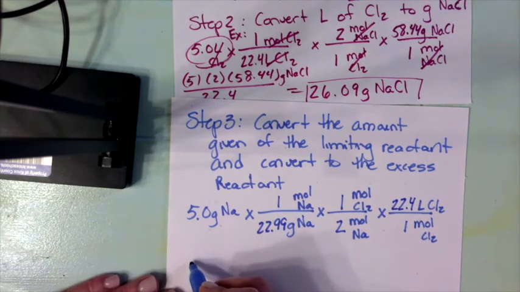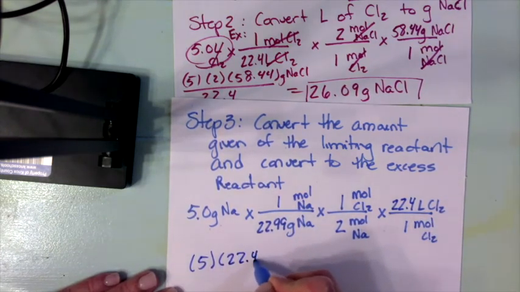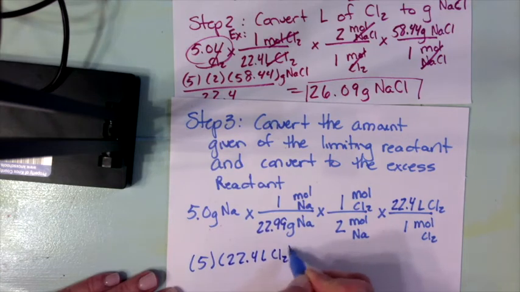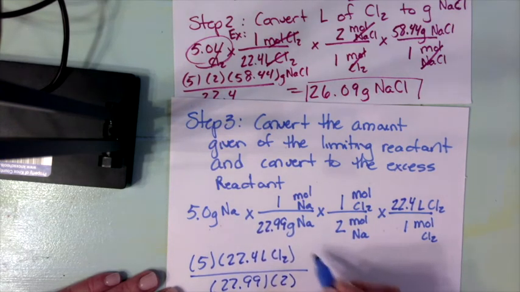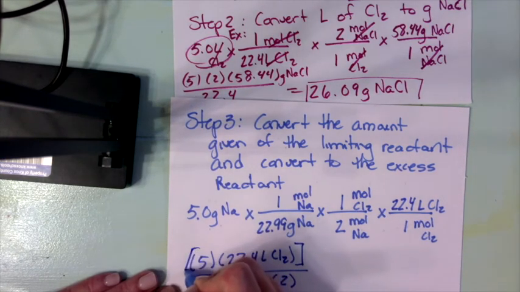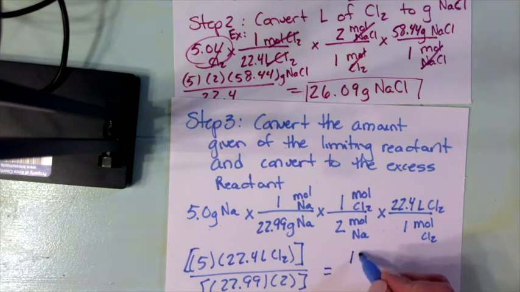So again, we can go ahead and simplify. We have 5 times 22.4 liters of Cl2 divided by 22.99 times 2. So remember, if you're doing this in your calculator, these numbers need to be reduced down first before you go ahead and hit the division bar. So 5 times 22.4 is going to give us, for our numerator, 112 liters of Cl2.